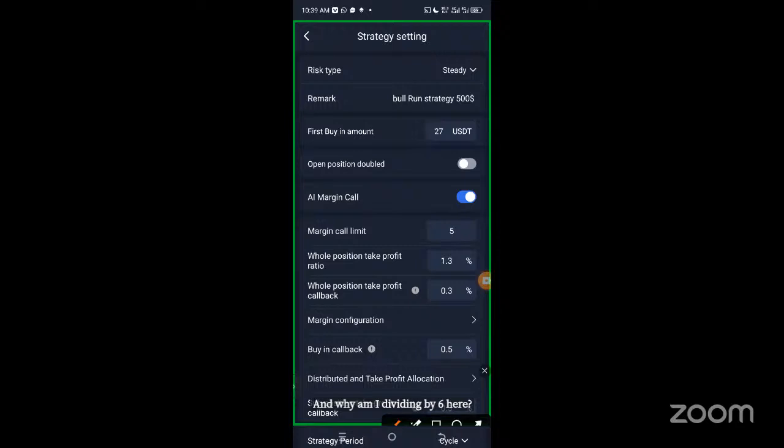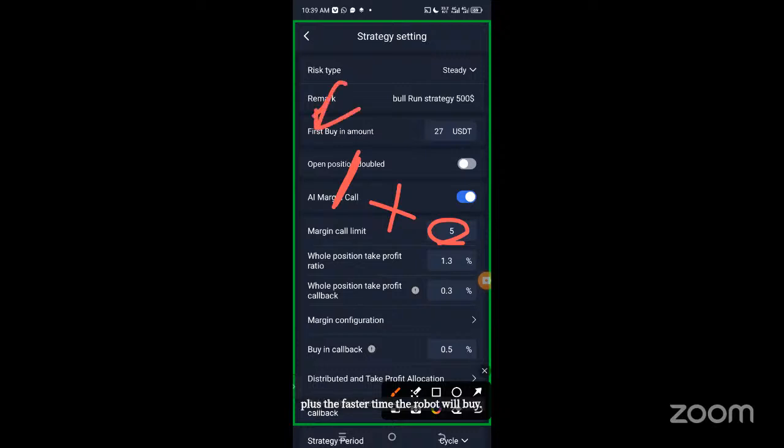It is 5 plus the first time the robot will buy. When they say you are the first in class, it means you are number 1. Therefore, it is 1 plus 5, which is 6.